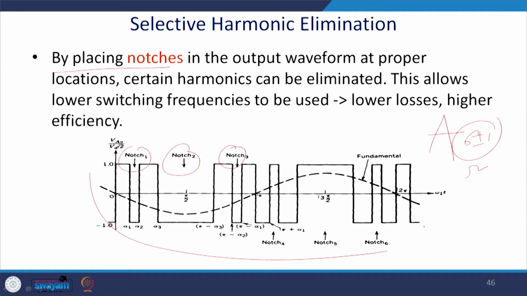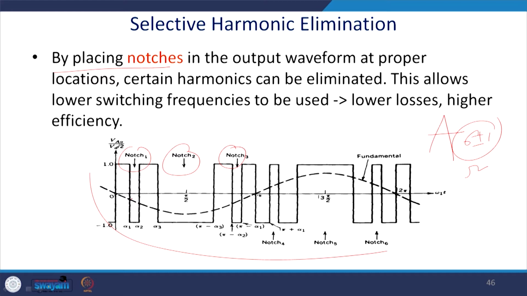By placing notches in the output waveform, these are notch 1, notch 2, notch 3, and ultimately the fundamental. It is just like when you play a guitar and you touch it by hand or with a metallic bar, and there you create a note.